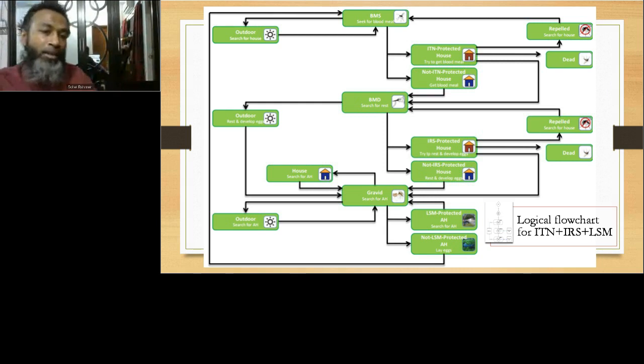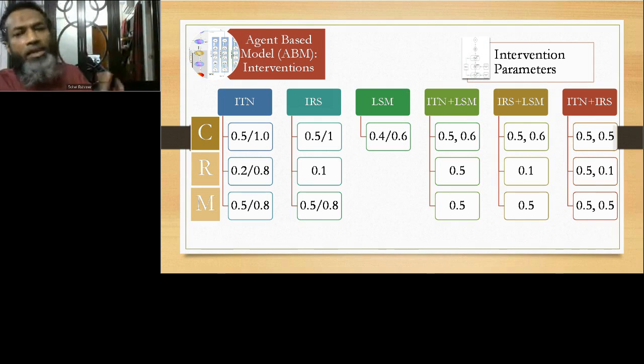On the other hand, coverage was based on the household. So if we say that we are covering 80% of the area, that means 80% of the households are under insecticide-treated nets. So this is where we tried to do some realistic simulation and so on. So anyway, then what we did was we had to gauge some parameters and so on.